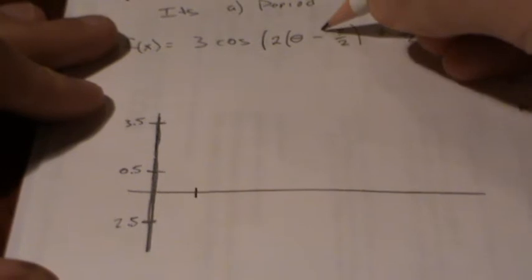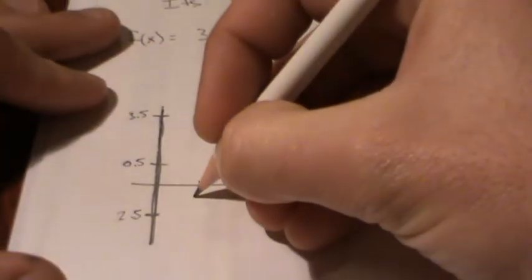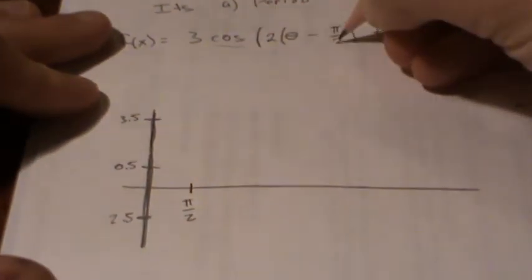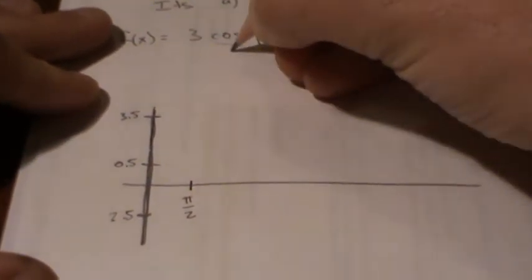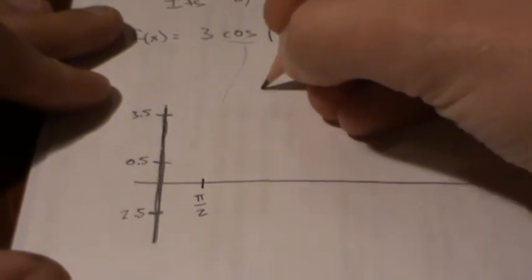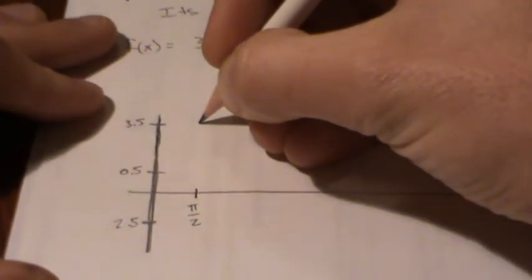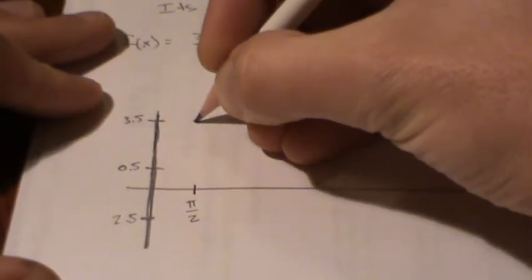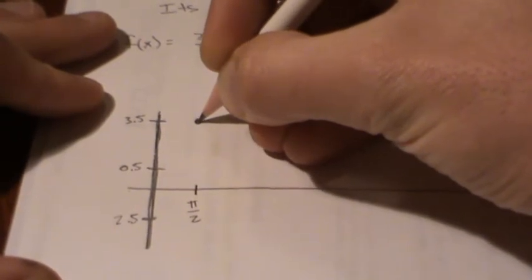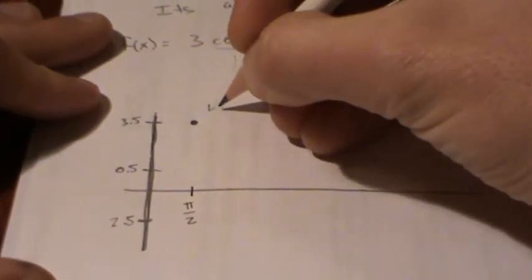Then I know that my phase shift is pi over 2, which means, because it's a cosine, the first maximum is going to be right there at pi over 2.